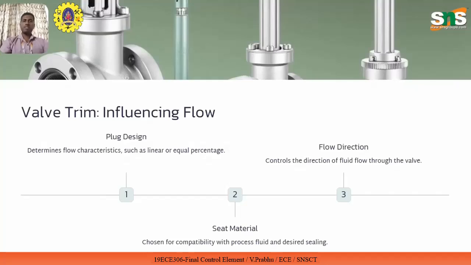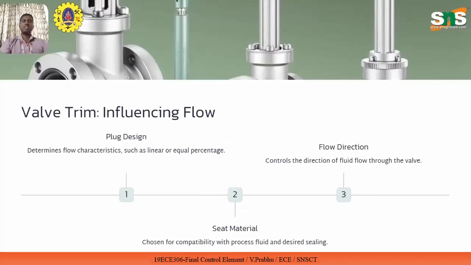Now we have three major classifications here, based on the flow characteristics. One is linear, then equal percentage, and the other one is quick opening. In case of a linear valve, for equal increments of valve opening, there will be equal increments of change in flow.